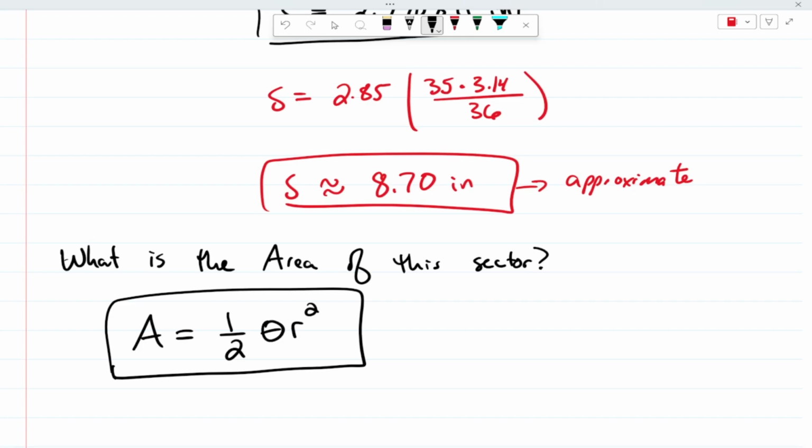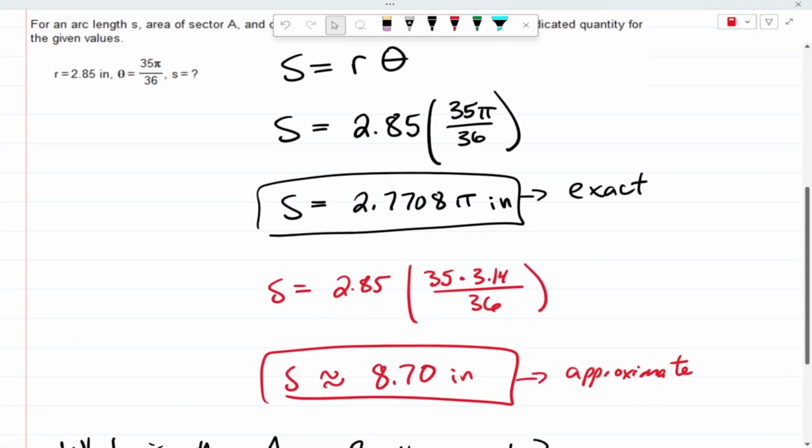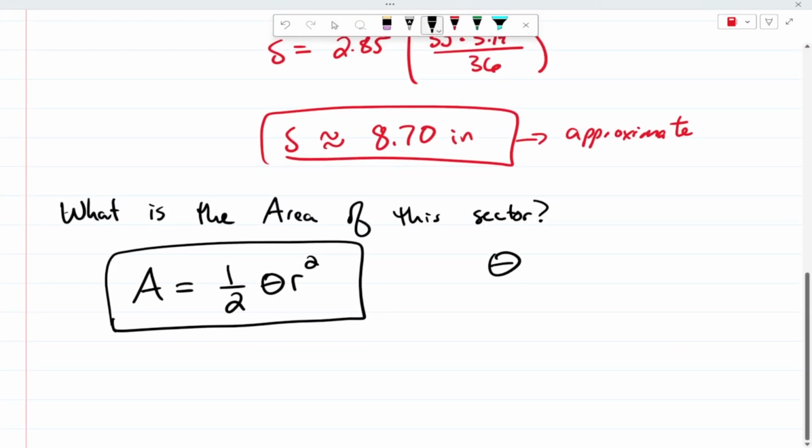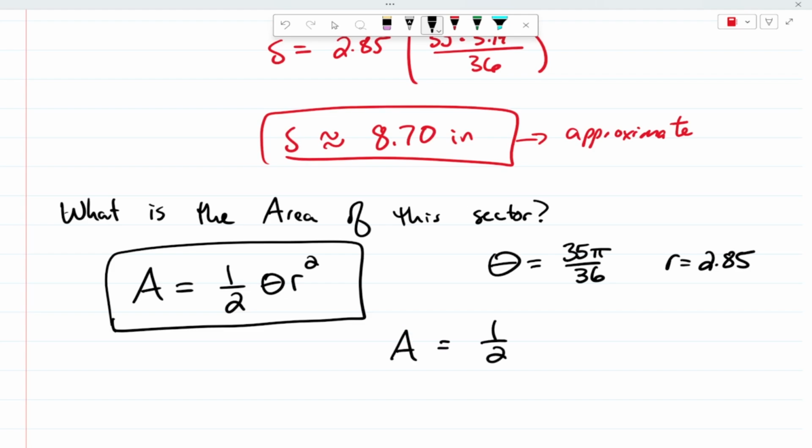So for us, what was theta again? I forget. 35 pi over 36. So theta equals 35 pi over 36. The radius was 2.85. So this is just another direct substitution. 35 pi over 36 times 2.85 squared.